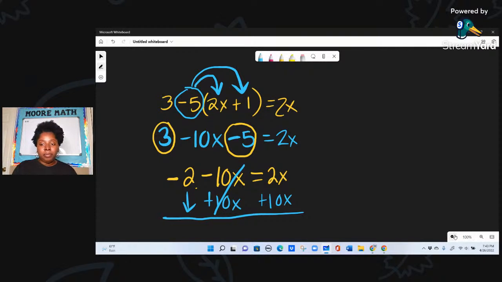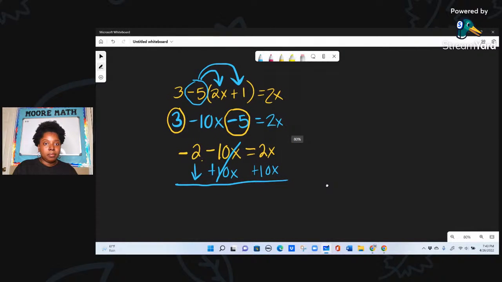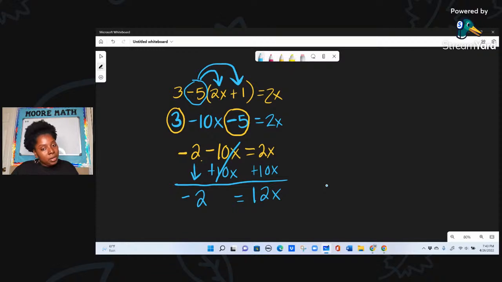Also let me know if I'm going too fast for you. So we have, bring down that -2, and that equals 12x. Now we've got to get rid of this 12 so that x can be on one side and all of the numbers on the other side.